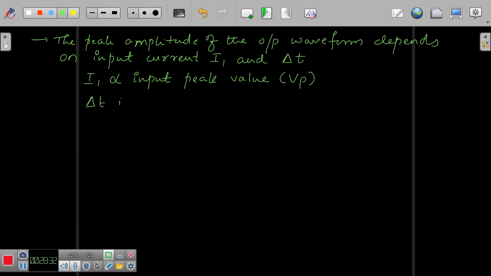Delta T is the duration of the input pulse.